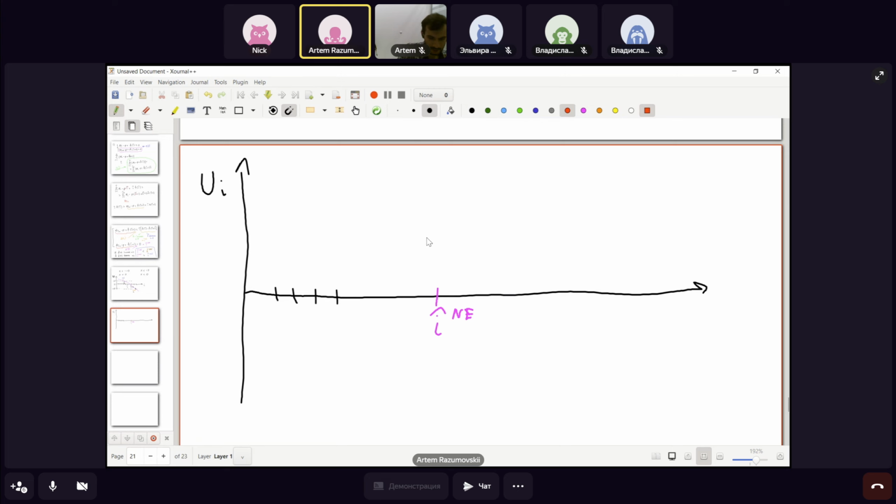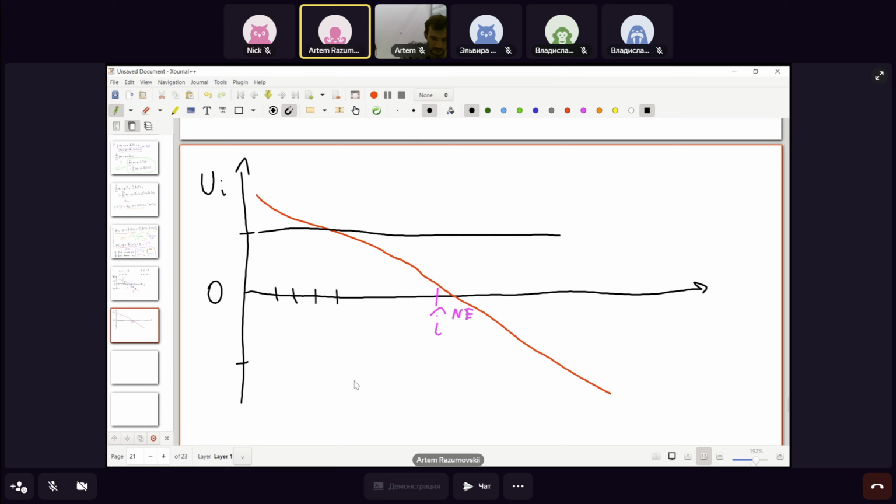So I will draw the function such that it is positive, and then after Nash equilibrium it's negative. If I compare with 0, this is the 0 line. Now if I'm talking about social welfare, I will have some additional positive or negative term with which to compare.